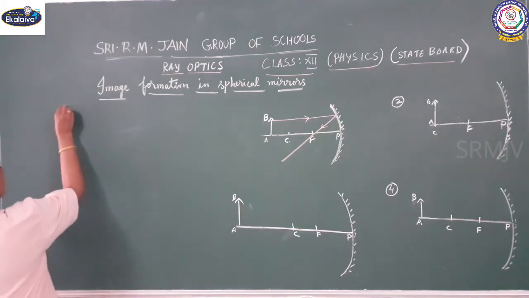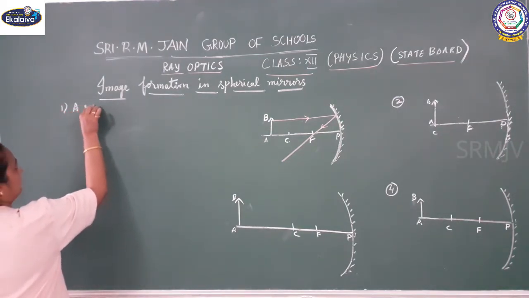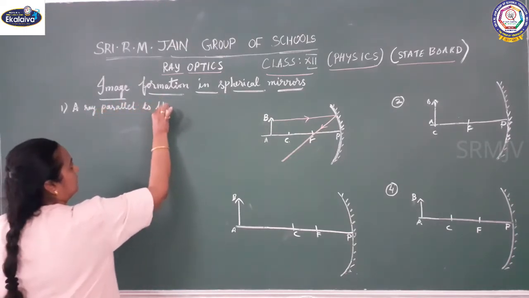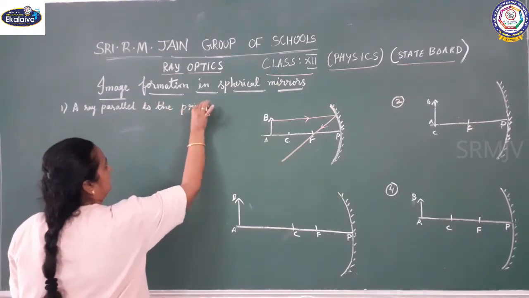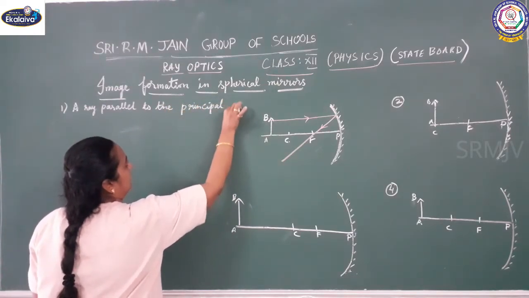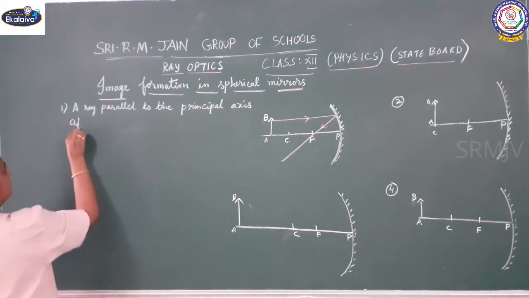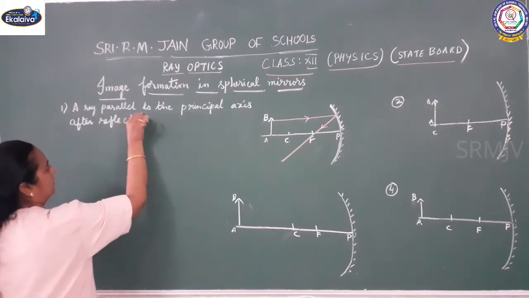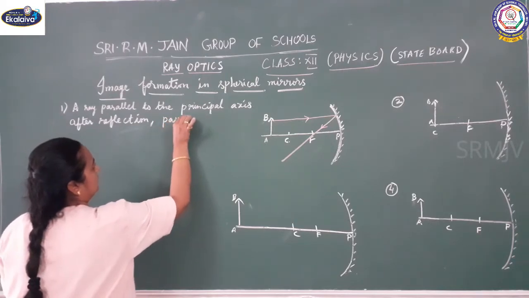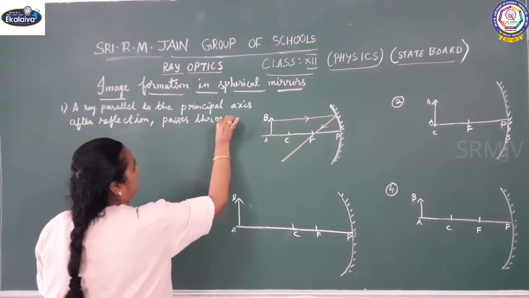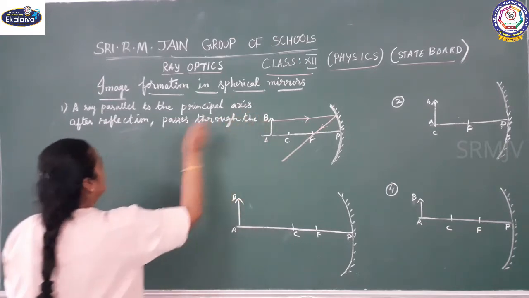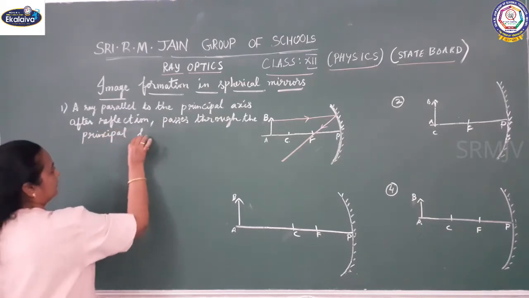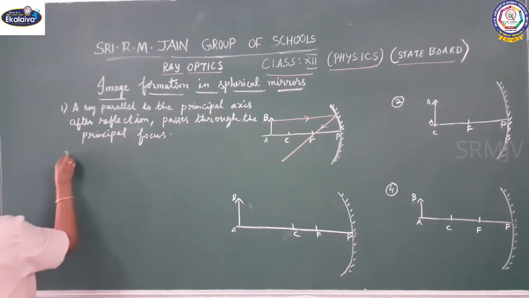So first rule: a ray parallel to the principal axis, after reflection, passes through the principal focus. So this is the first rule, right?